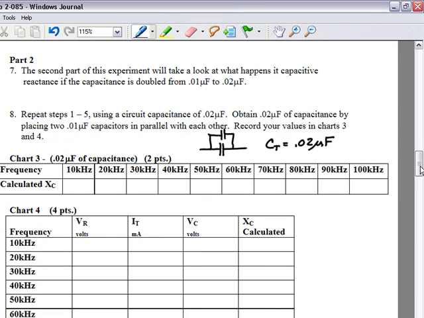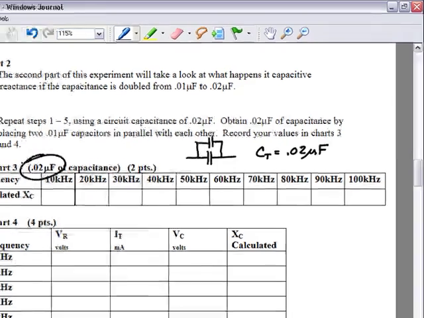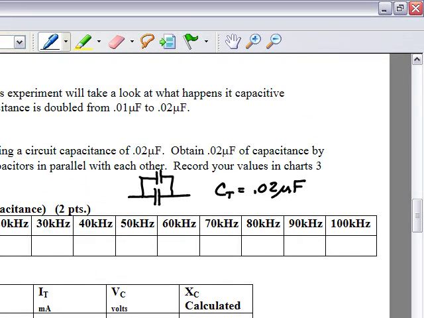So we're going to do the same experiment again, just increasing the capacitance to 0.02 microfarads. Now we have two 0.01 microfarad capacitors. If you put the two 0.01 microfarad capacitors in parallel, you'll end up with a total capacitance of 0.02. So that's how you obtain 0.02 microfarads of capacitance to complete this lab.